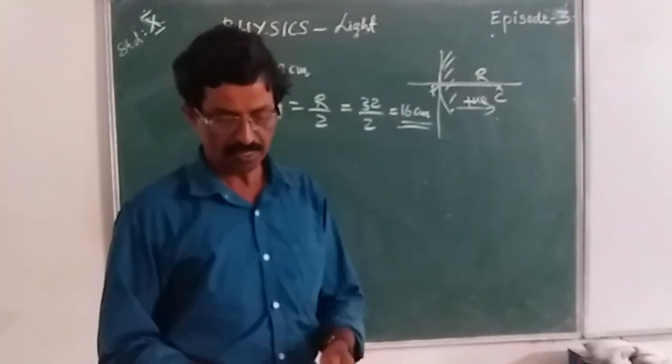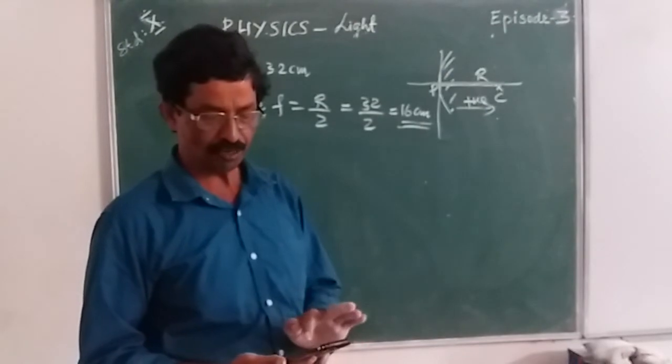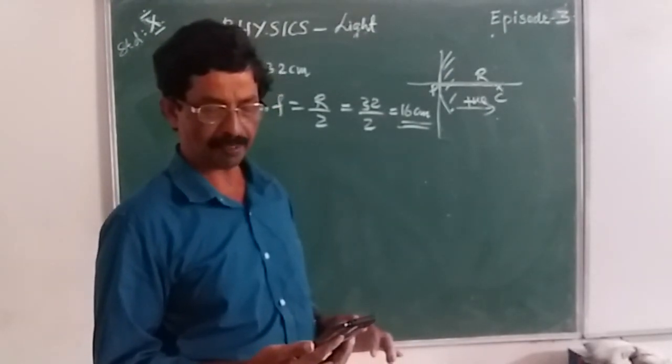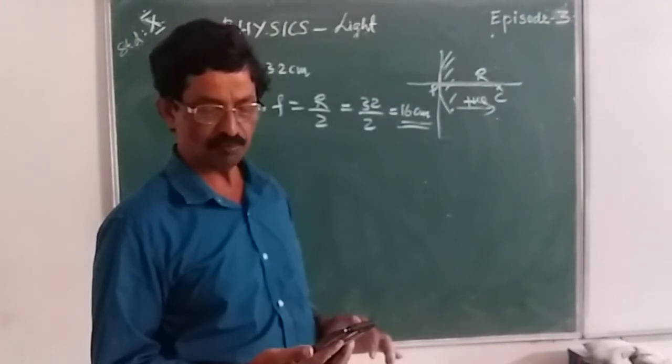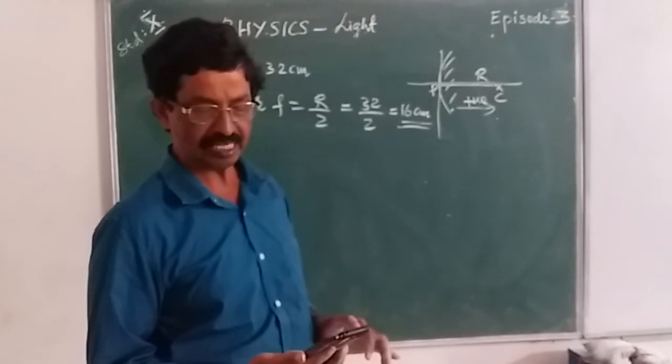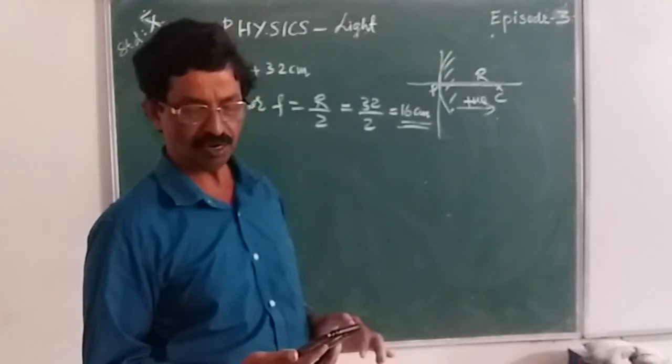One more problem is also given for you. A concave mirror produces 3 times magnified image of an object placed 10 centimeter in front of it. Where is the image located?